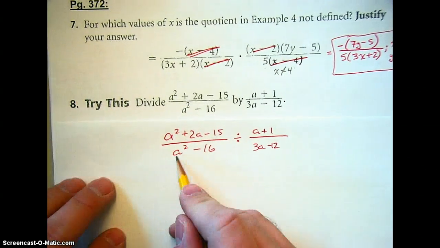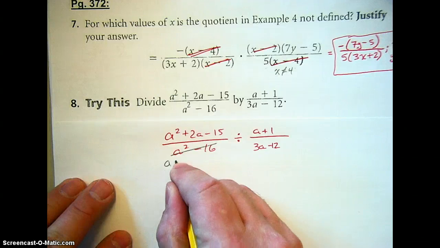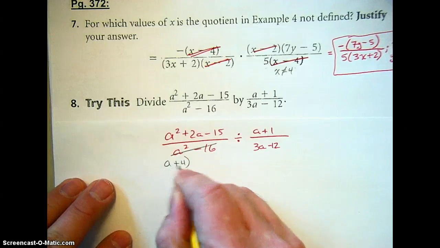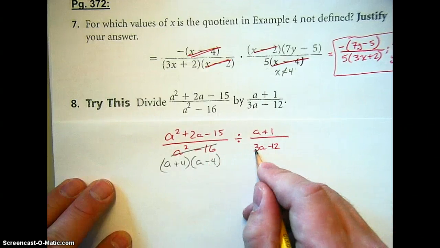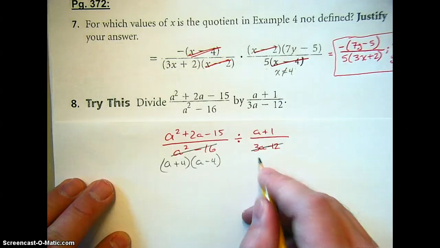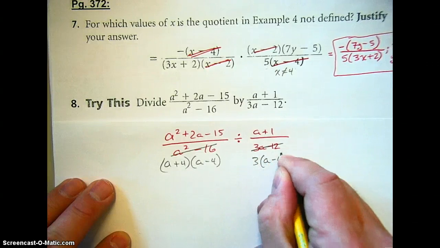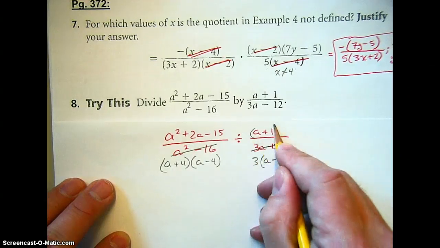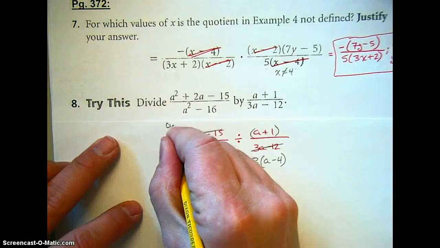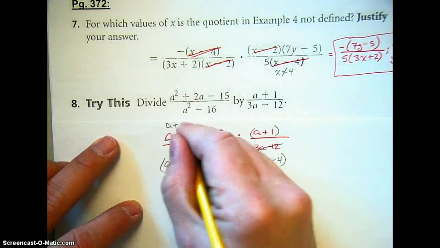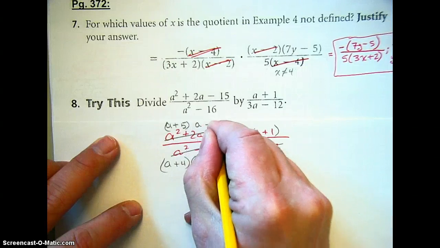So factoring it out, this becomes a plus 4 and a minus 4. This becomes 3 times a minus 4. Here, that's already set. How about this? a plus 5, a minus 3.